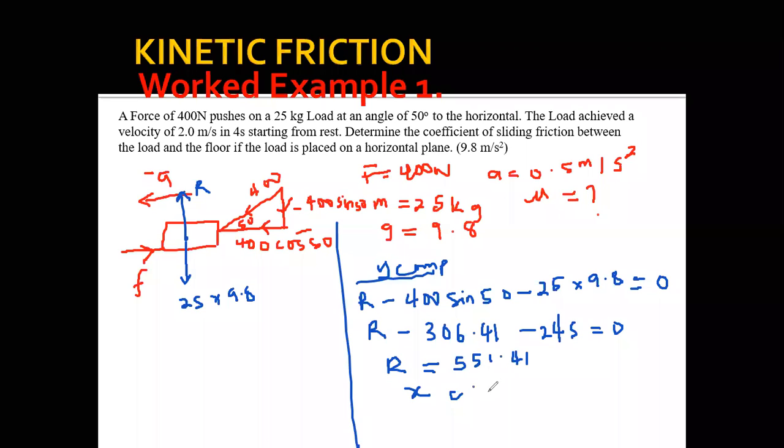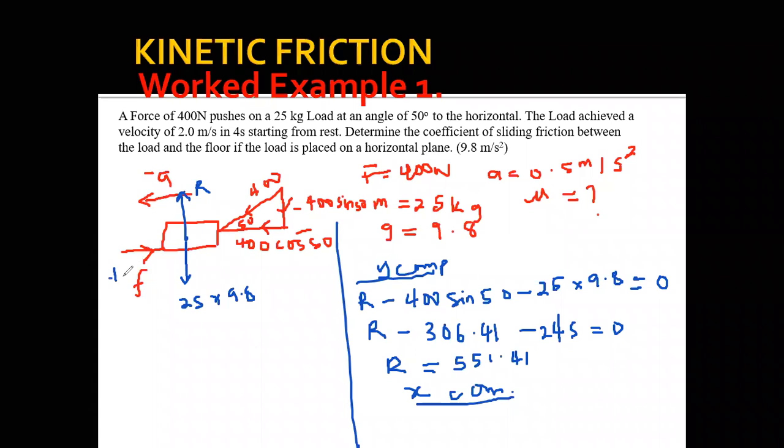Now let's take the X component. In the X component, we have the frictional force, this is mu R. I'm going to write it straightforward, but because it's to the right hand, that is positive.